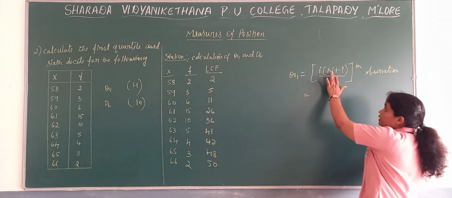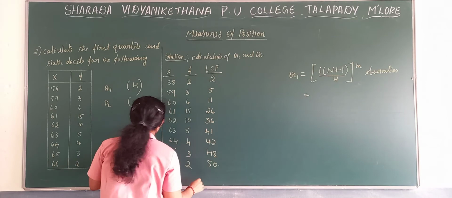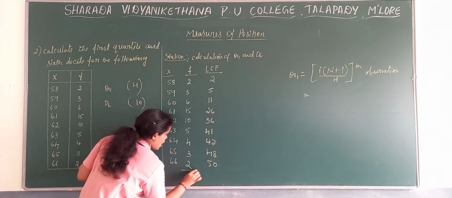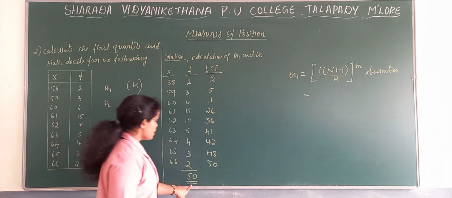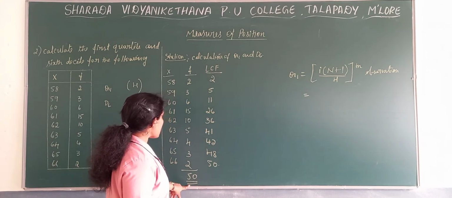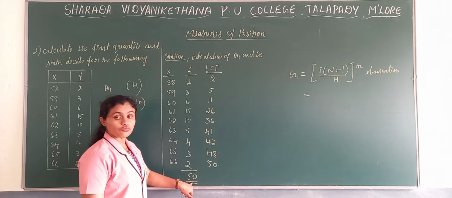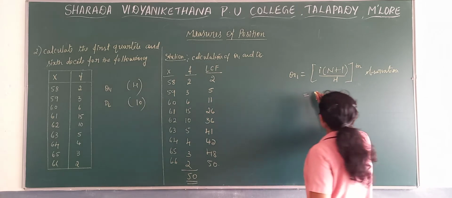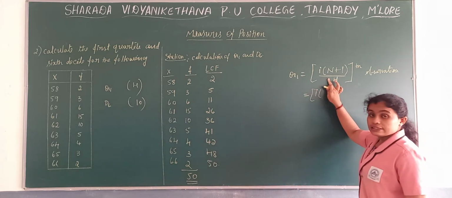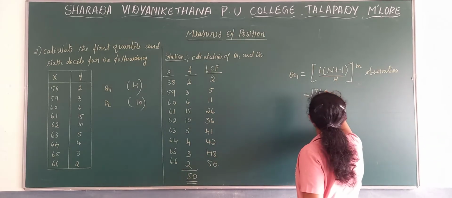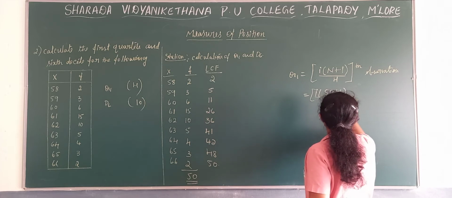Here N is the total number of frequencies, which is 50. So i is 1 and N is 50. Plus 1, divided by 4.